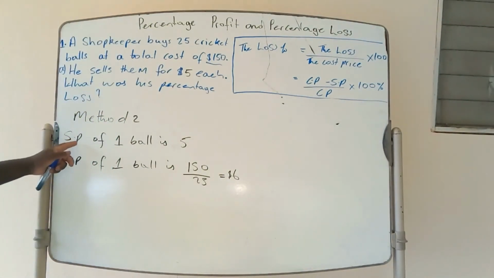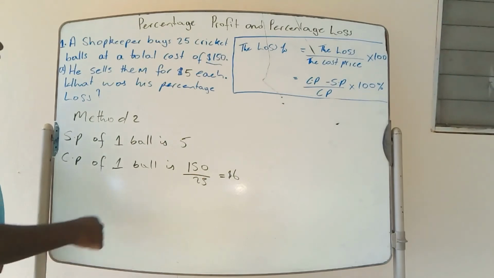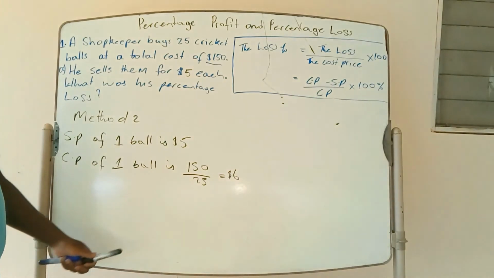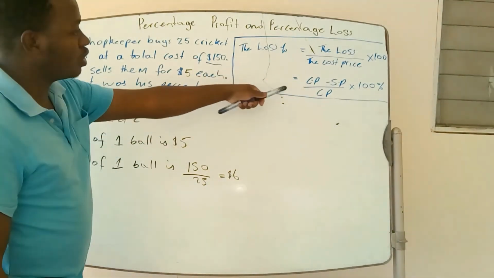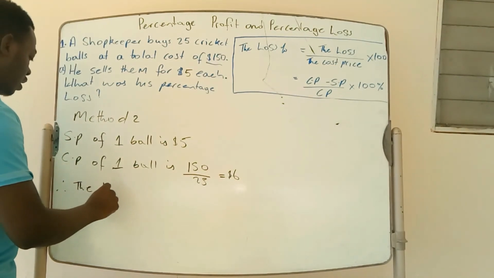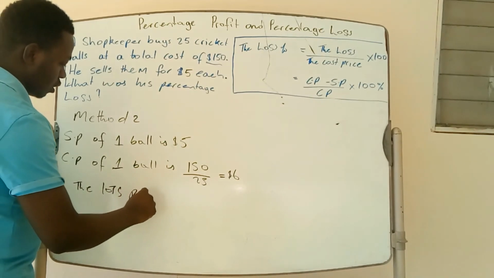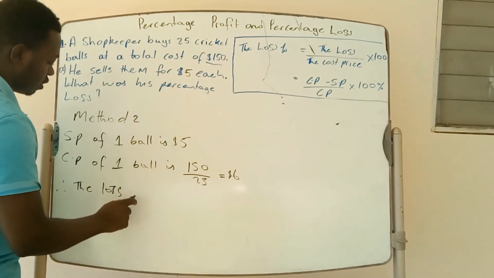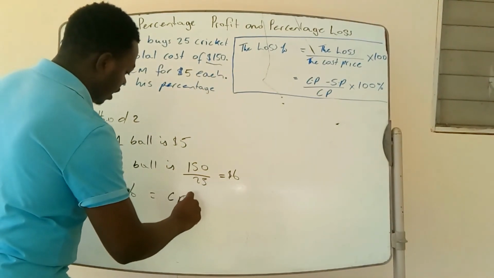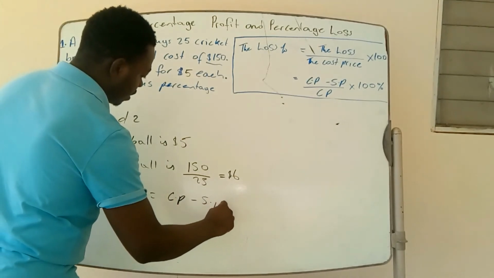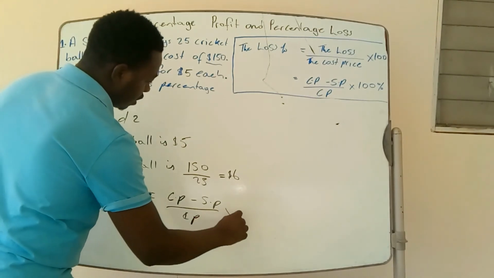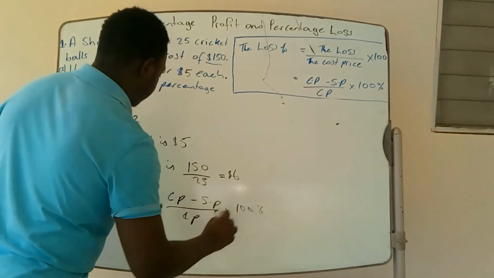So we know that the selling price of one ball is $5 and the cost price of one ball is $6. So therefore, we can determine the loss percent by using this formula. The loss percent is going to equal the cost price minus the selling price, all over the cost price times 100%, right?